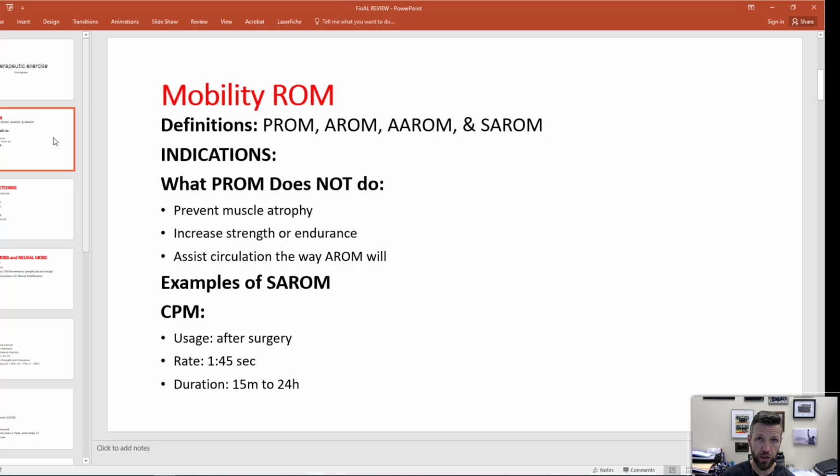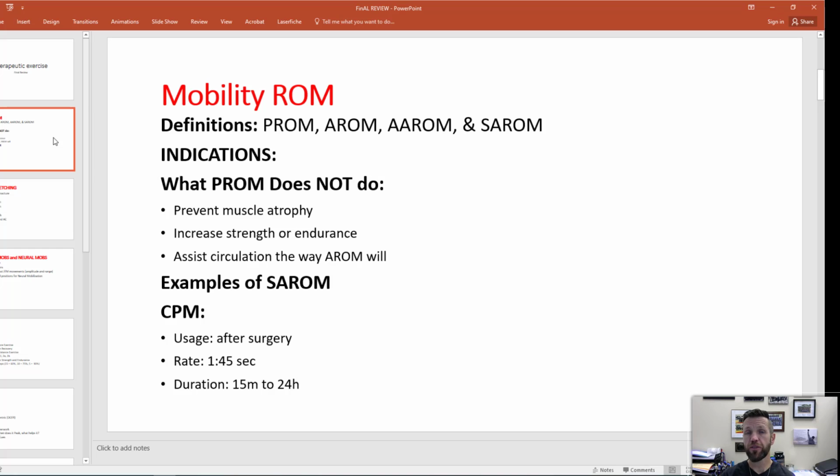You have to load the tissue, and there's a very specific, think specificity, to the load that has to be there to make endurance or strength happen. And then finally, it's not going to assist in circulation the way that active range does. So you're going to want to remember those three key aspects of what it does not do.